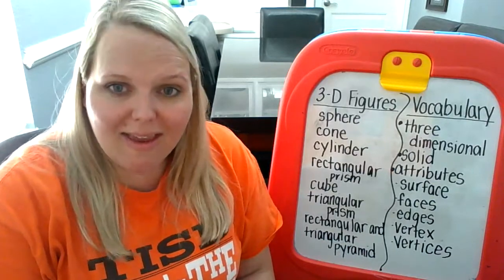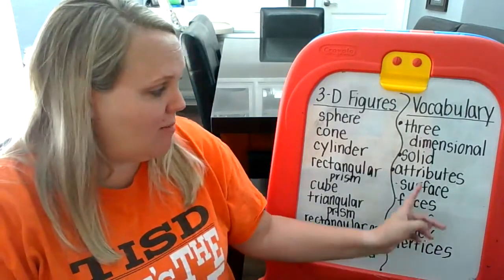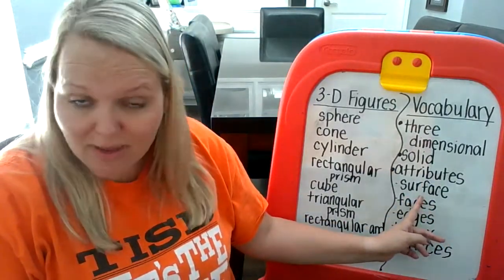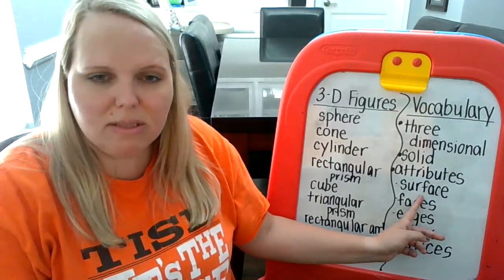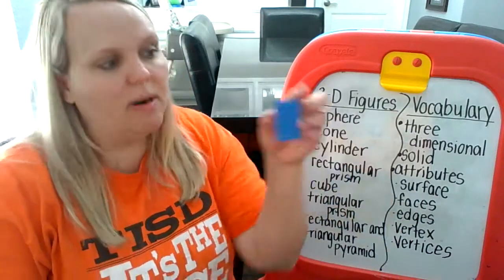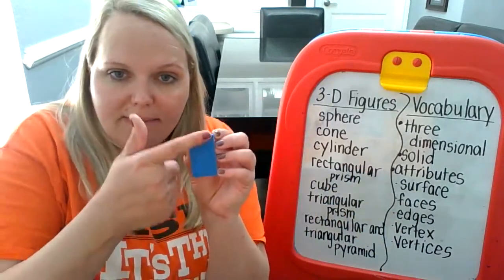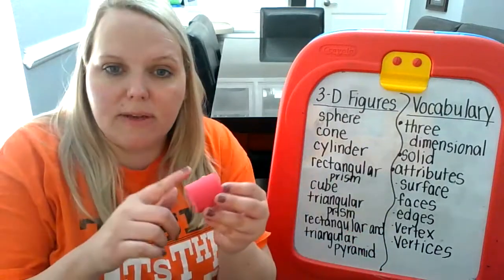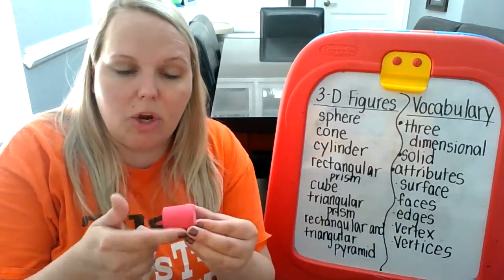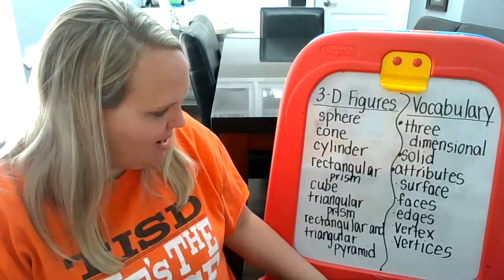But we can tell about a three-dimensional shape based off of its surface. It can either have a flat surface, like this rectangular prism has a flat surface, or a curved surface, and this cylinder has a curved surface.